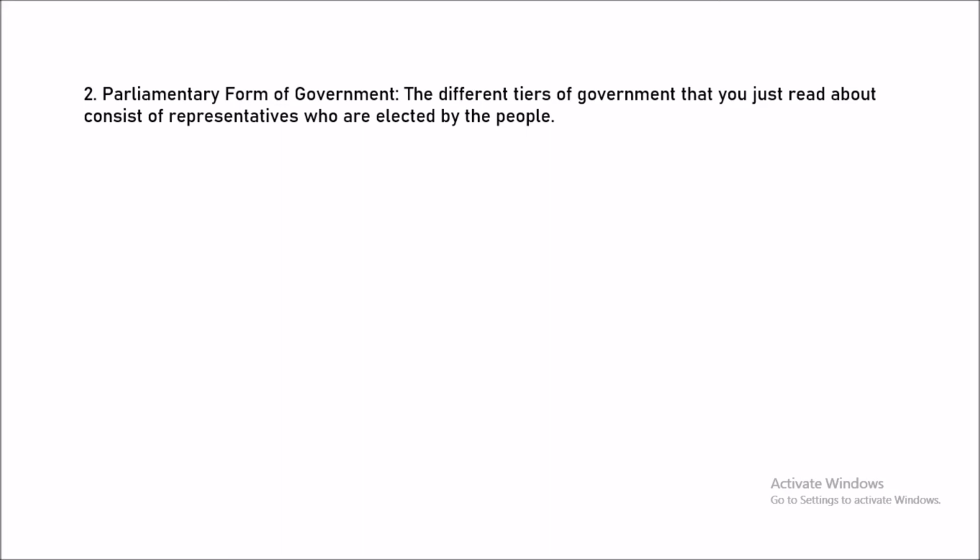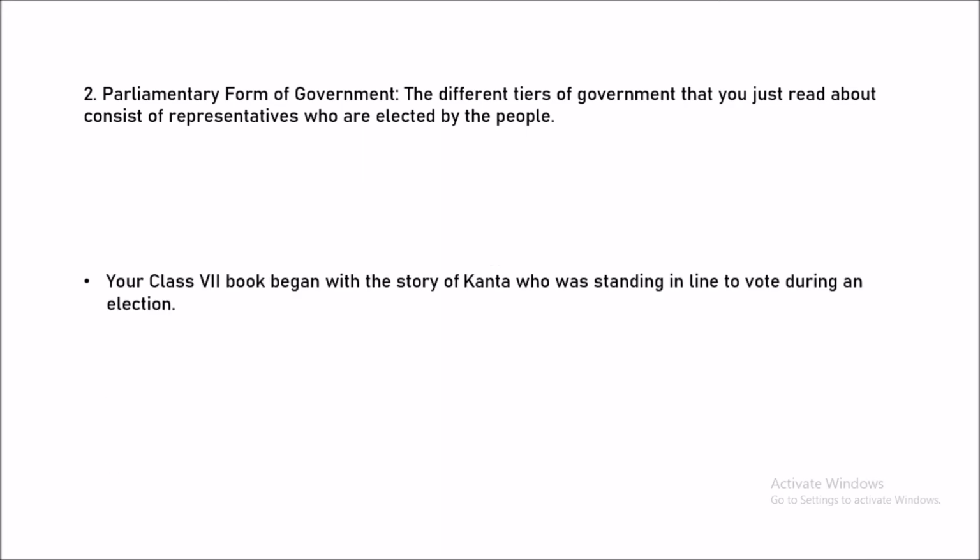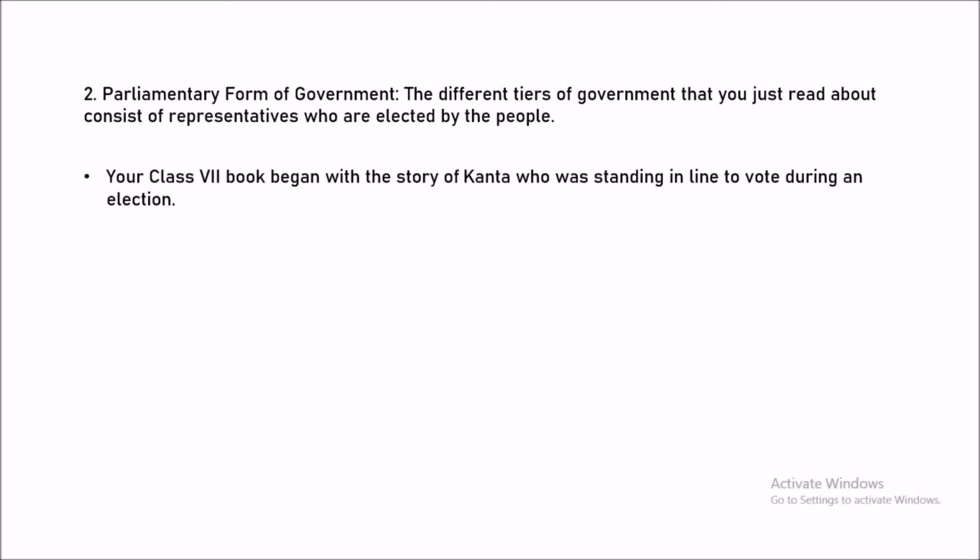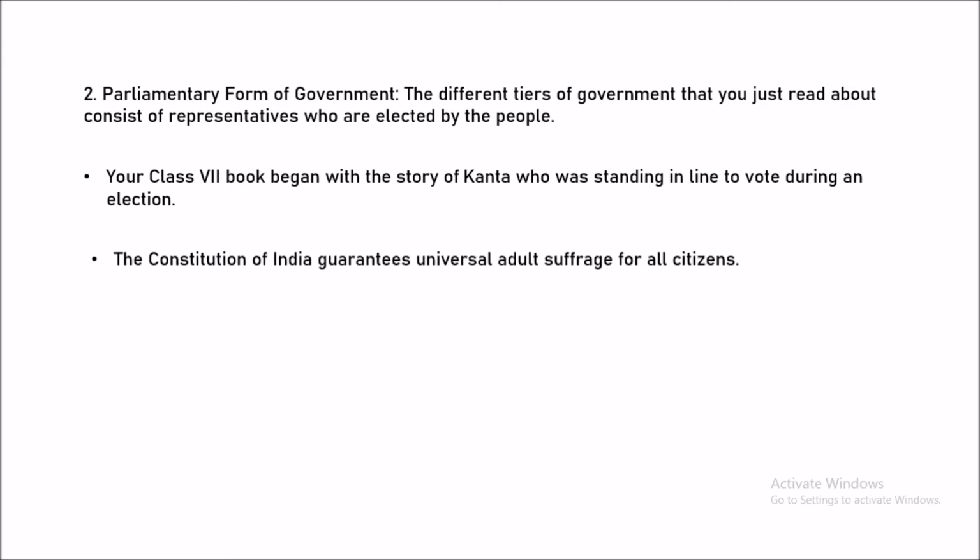Your Class VII book began with the story of Kanta, who was standing in line to vote during an election. The Constitution of India guarantees universal adult suffrage for all the citizens.